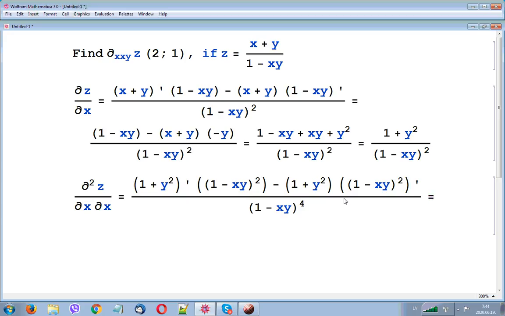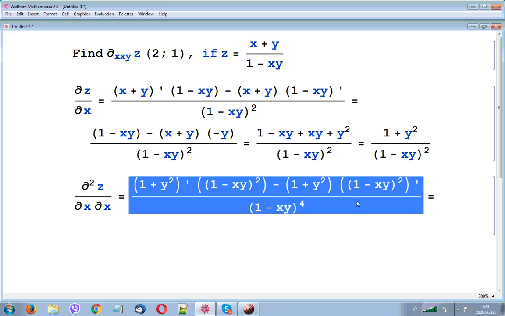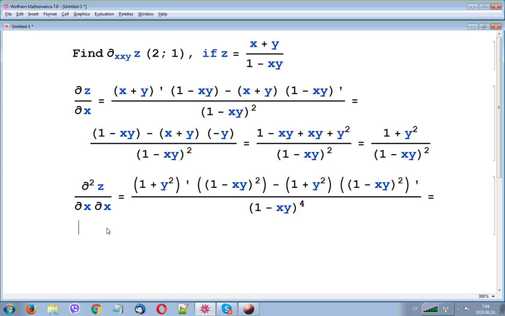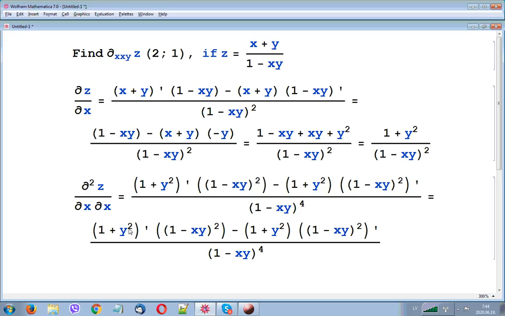So here I will copy this to save time when writing, and here this one will give us 0, because it doesn't depend on x, so it is all constant and it is 0, and if it's 0 multiplied by this, then everything is 0. So here we just delete it.